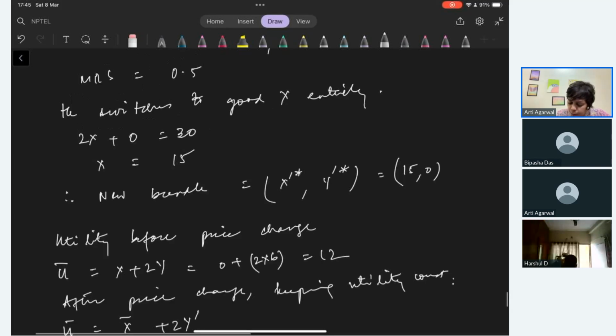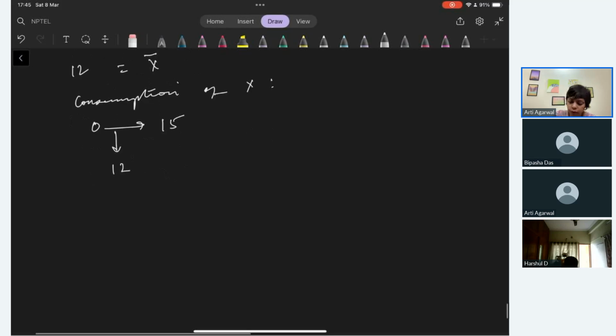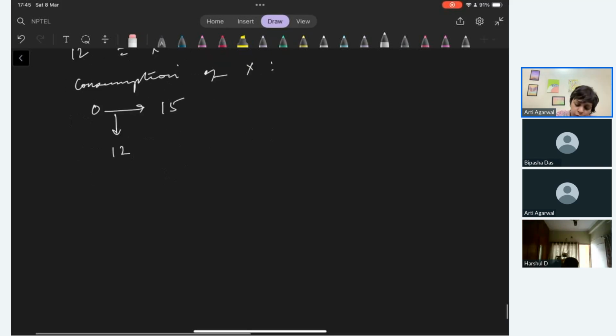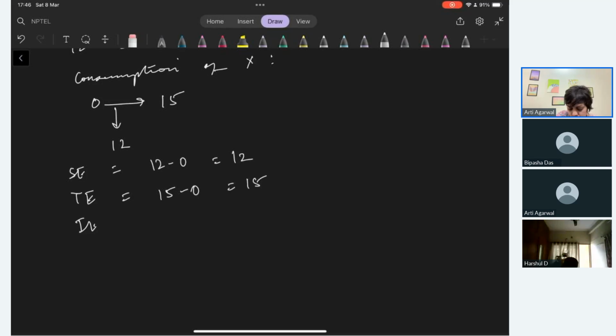Then it goes on to being 15. And in between, it is going to 12. Now, what we wanted to compute was the income effect versus substitution effect, right? So substitution effect is equal to 12 minus 0 is equal to 12. Total effect is equal to 15 minus 0 is equal to 15. Income effect is therefore 3.